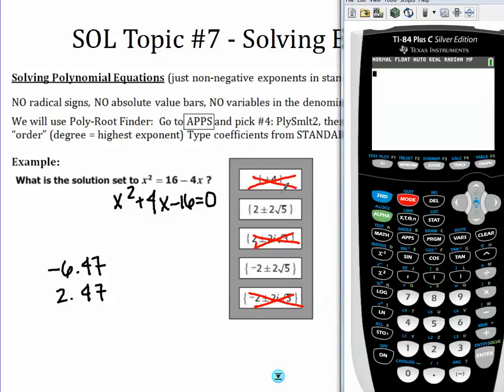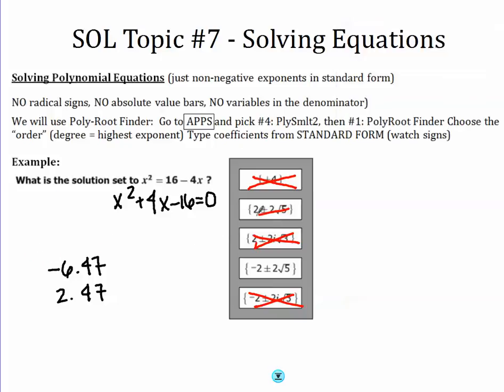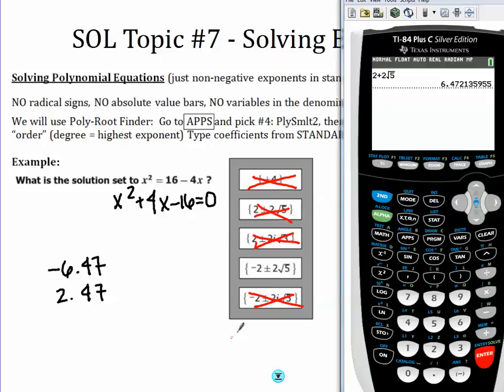So now I'm going to type in 2 plus 2 square root of 5 and see if it gives me one of these answers. That gives me positive 6.47. I need negative, so that's not going to work. So let's try the last answer choice, negative 2 plus 2 square root of 5.